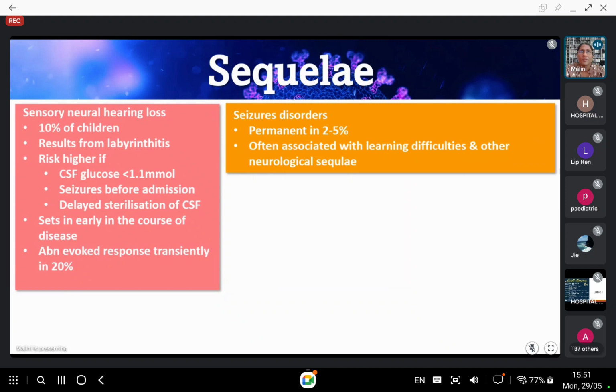So when we manage seizures in these kinds of scenarios, when the patient gets admitted with status or seizures during the acute infection, we would label this as acute symptomatic epilepsy or seizures, and the treatment is acute management.